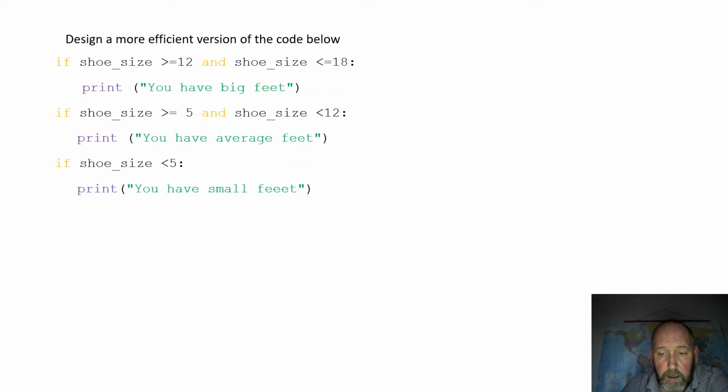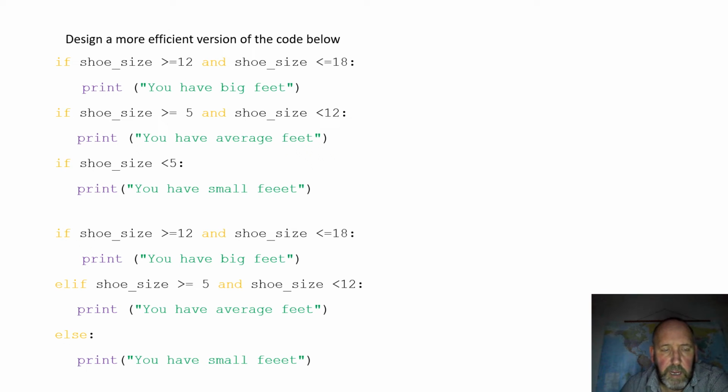Here we are. Pause the video, write out the more efficient way of writing this code. Once again, we've got 3 choices, which means we only need 2 conditions.